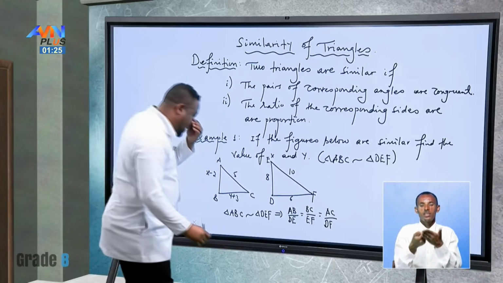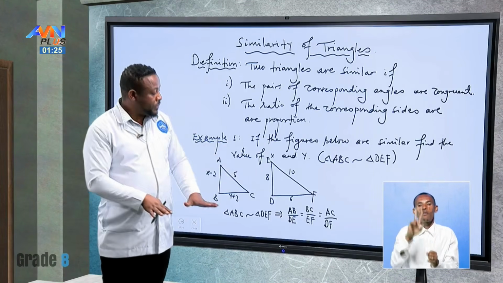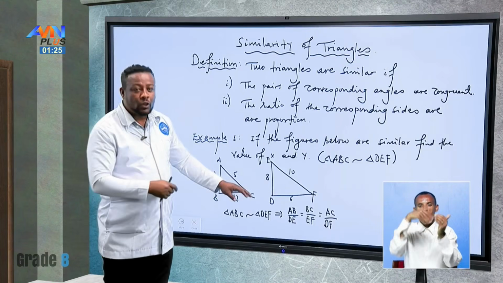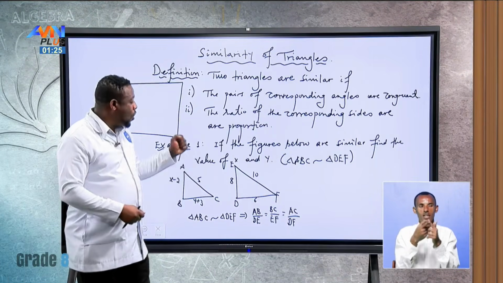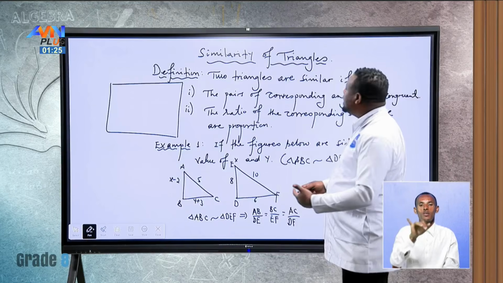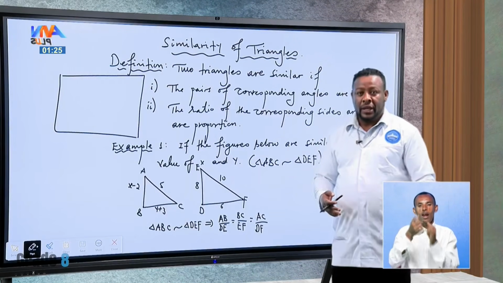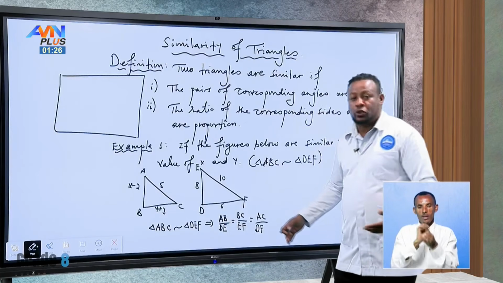This is the first thing that we need to put to find the unknown variables x and y, right? Then after, we can substitute all the values of the sides in this equation. So the second condition on similarity of triangles can be applied to find the unknown variables x and y. So we can find those unknown variables by taking these ratios, okay?